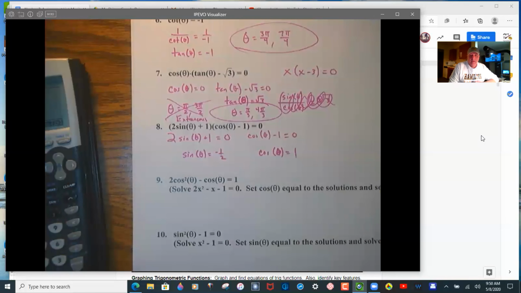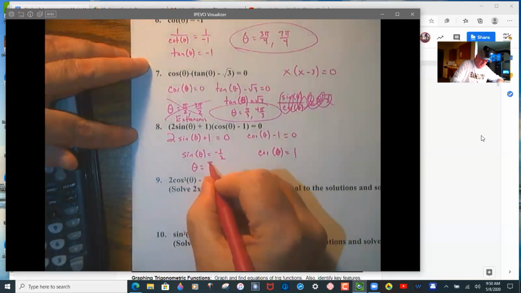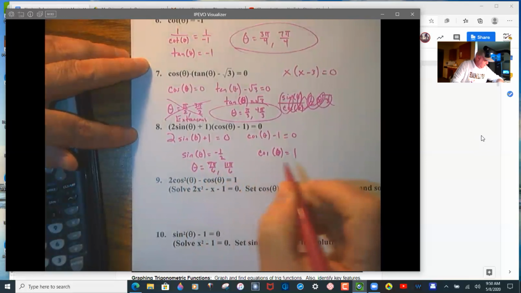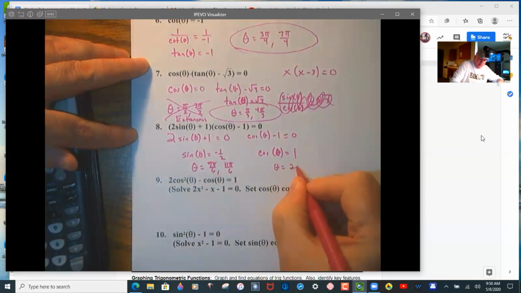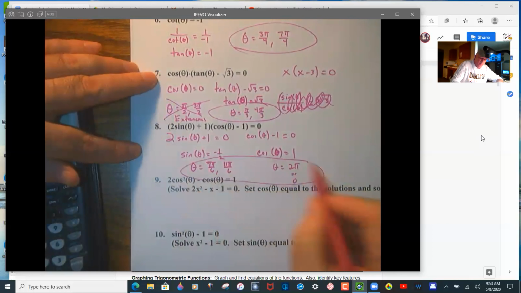All you're doing is you're turning the unit circle into the x-axis. That's all you're doing when you do this. So 7 pi over 6, 11 pi over 6. And then this will be 0 or 2 pi, however you want to. It's the same thing. So all of these will work.